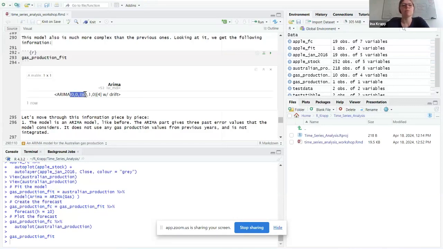This is what one could call the ordinary ARIMA part. Again, we have 0 autoregressive components. Here we also don't have an integration. But now we have past error values. So for 3 past periods, this model considers the error values.